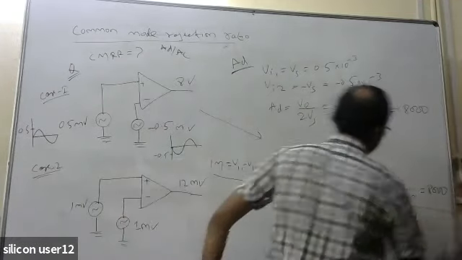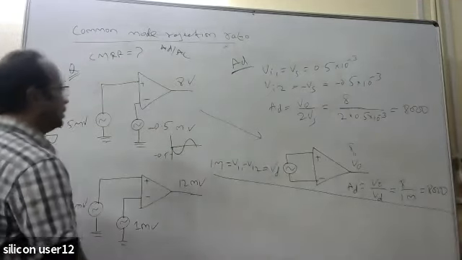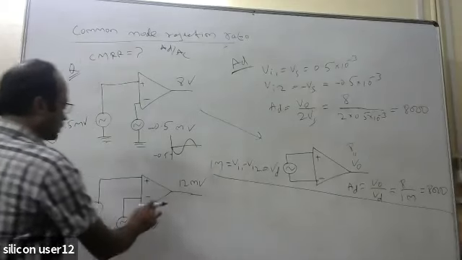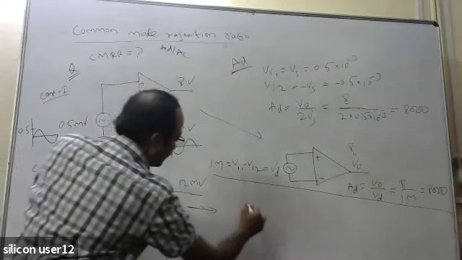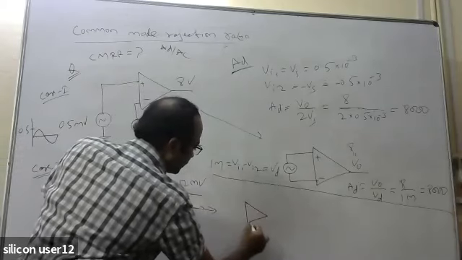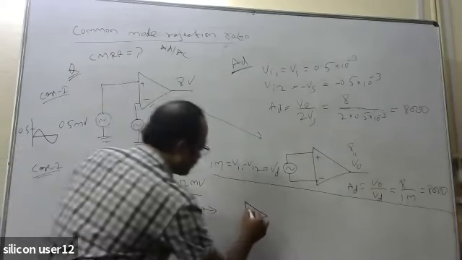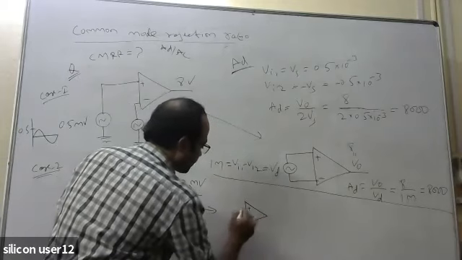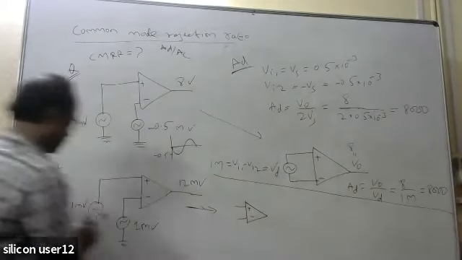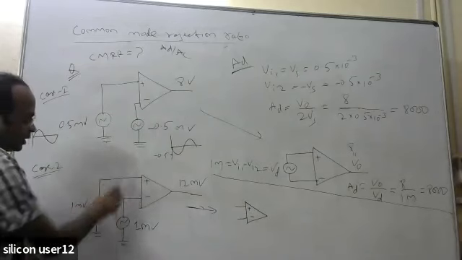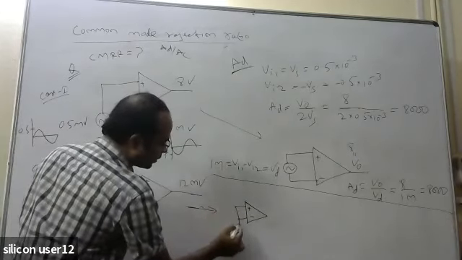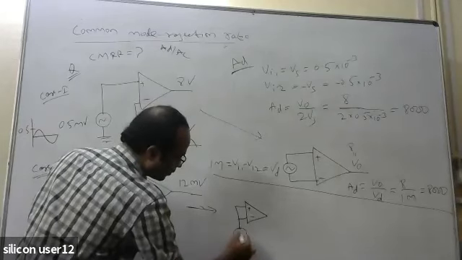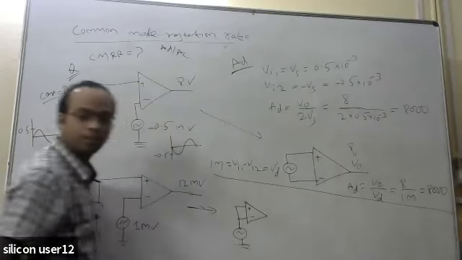Second one, similarly, can I calculate this AC? So here in this question, I can also change this figure in this manner. So if 1 millivolt is given here, and 1 millivolt is also given here, that means both are given.